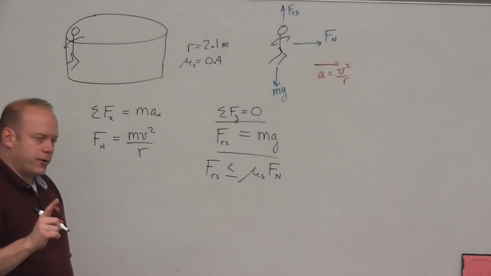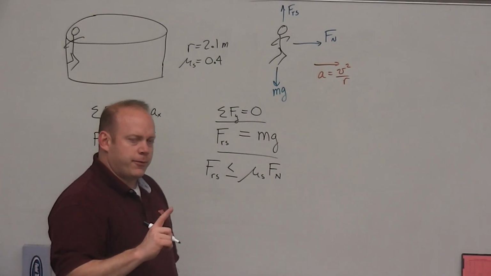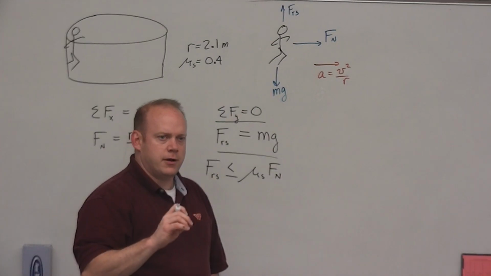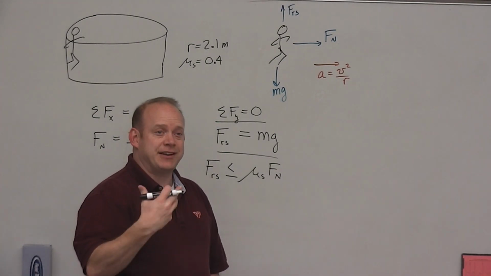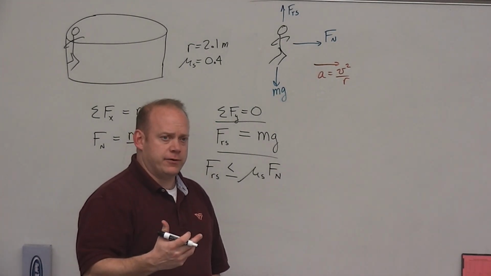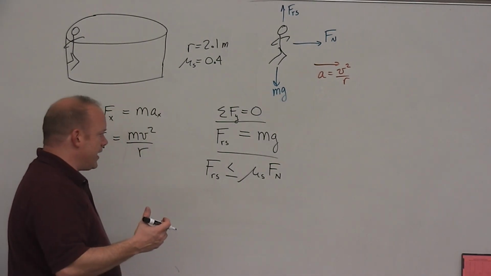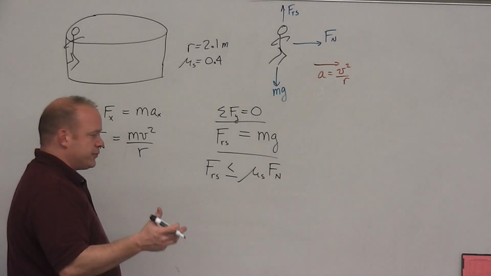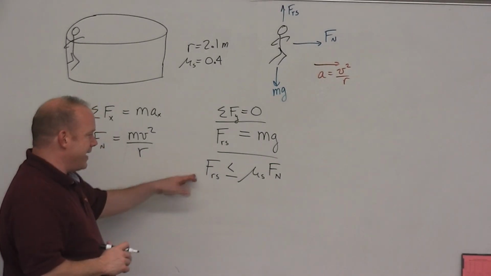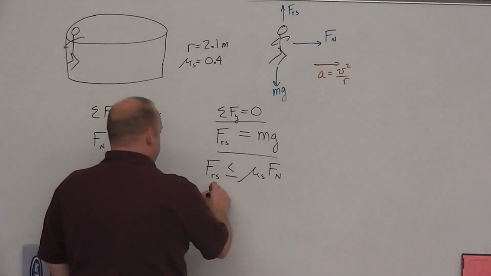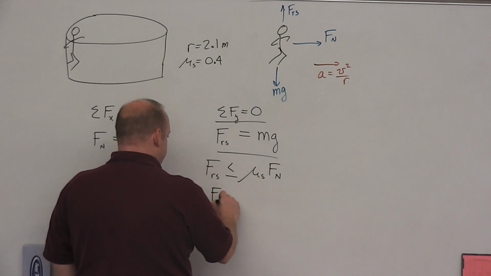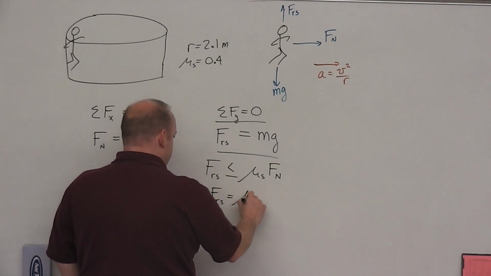But this is a case where we're looking at the point where it would just barely start moving. That's a maximum static frictional force. So we're looking at the point with the minimum v, which will give us a point where it just starts to slide. So we're maxing out the static friction. In this particular case, the static friction is equal to μs times the normal force.